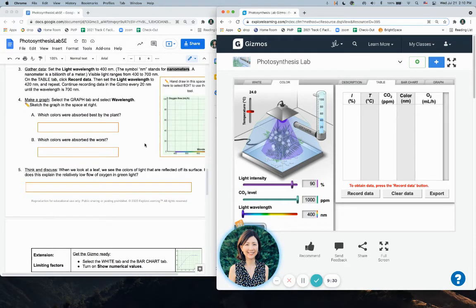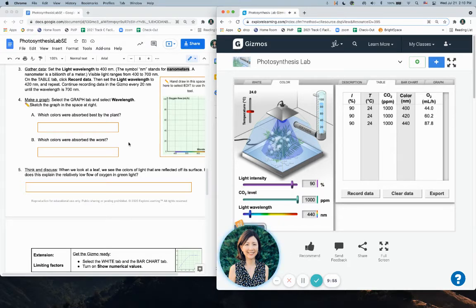Okay, we're going to go ahead and record the data every 20 nanometers. So here we're going to hit record data, and then we're going to move the wavelength 20, and we're going to record data. Move it 20 and record data all the way to the end.